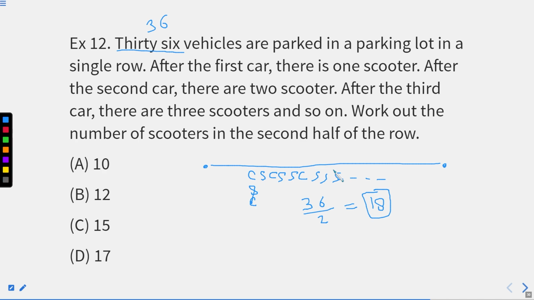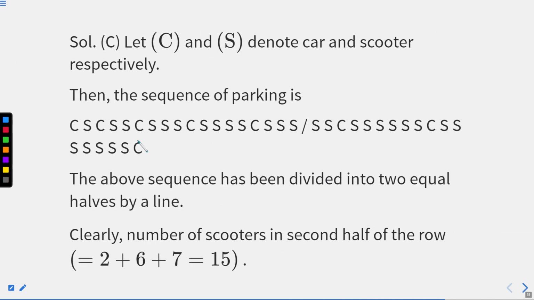Now we'll directly jump to the solution part. As we discussed, the first is a car and a scooter, a car and 2 scooters, a car and 3 scooters, and so on. Here we have a car and 5 scooters. But these are the first 18 ones. We need to find out the number of scooters in the second half.